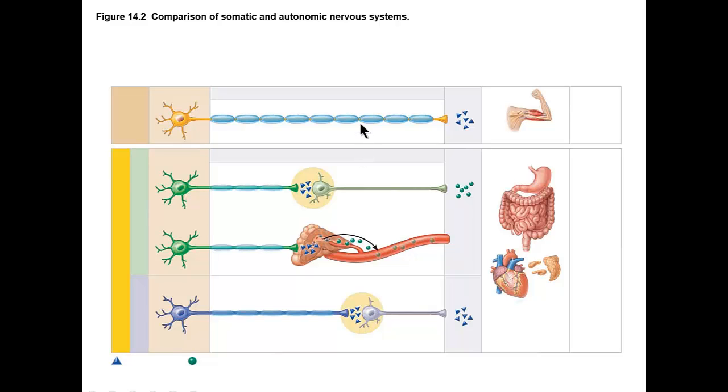Is there a response? Are there motor fibers leading to skeletal muscle? Yeah. Are there motor fibers leading to these glands and smooth muscle? Do we have a response? If we have stress, does the nervous system send signals to our organs to respond to that stress?